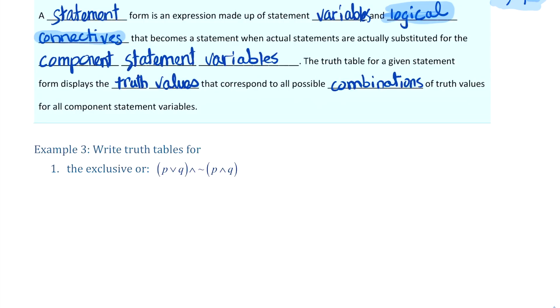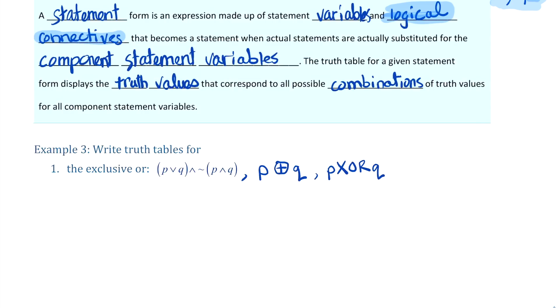All right. So we've got something that's called the exclusive or. By the way, the exclusive or is denoted in different ways. Sometimes you'll see it like this. Right? Sometimes you'll see it like this. We'll leave it in the logic format to work with it.